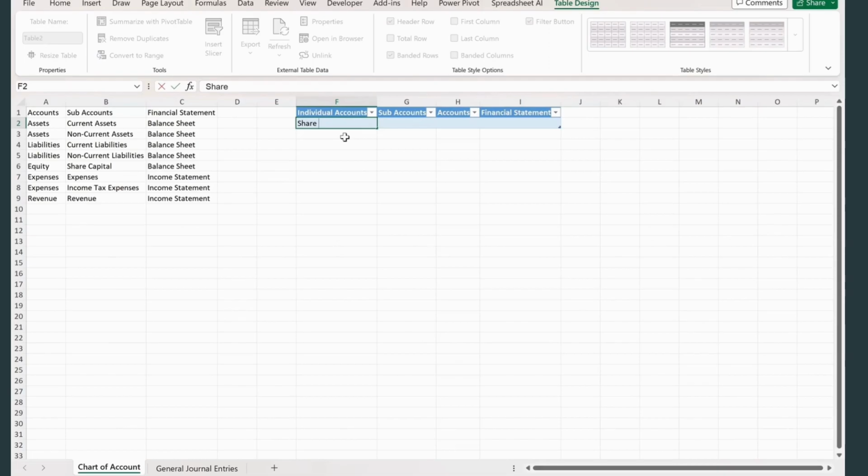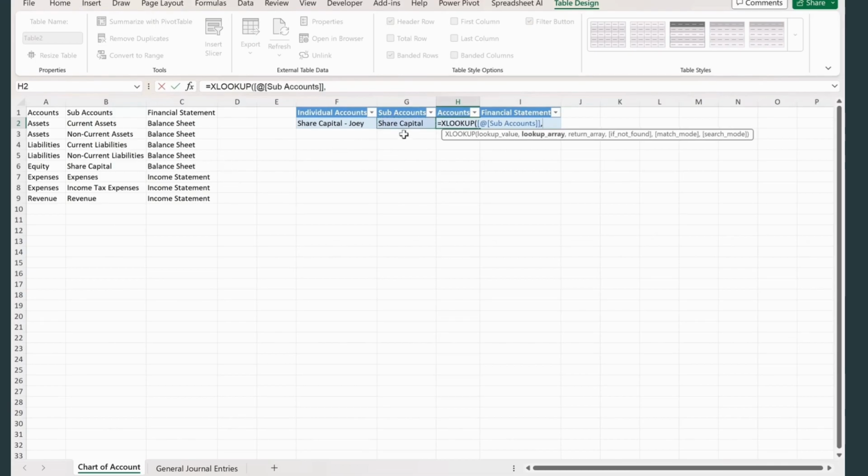Share capital. Joey. Sub-accounts inputs share capital. Accounts we here use XLookup to look up the value, or look up values share capital.